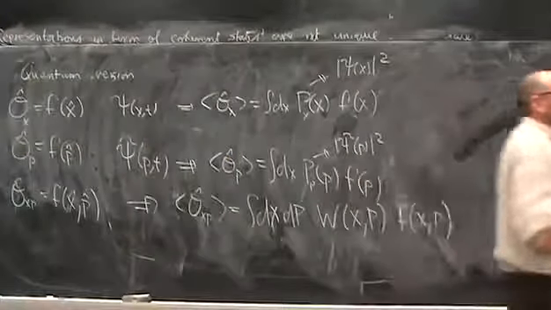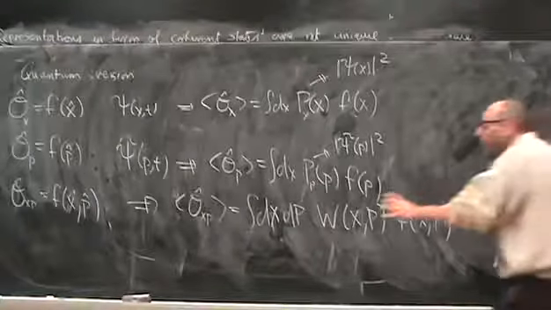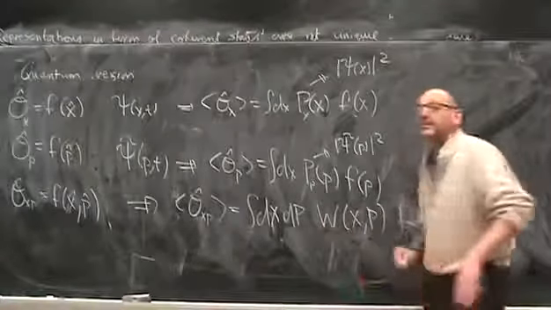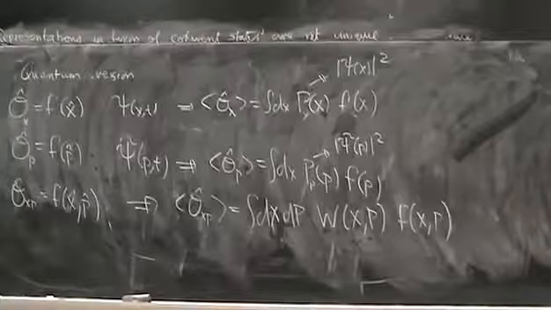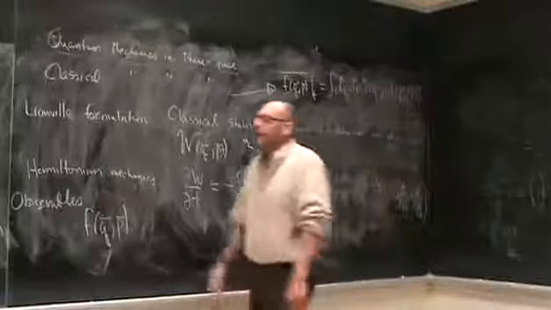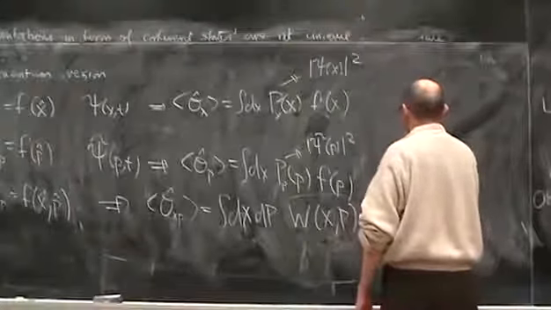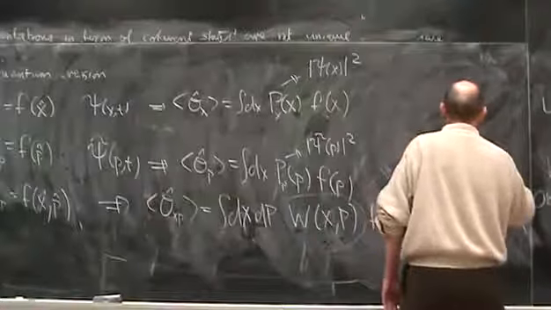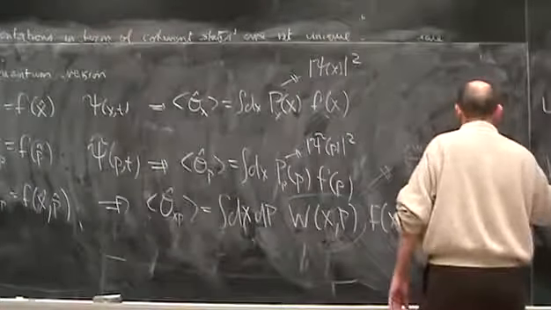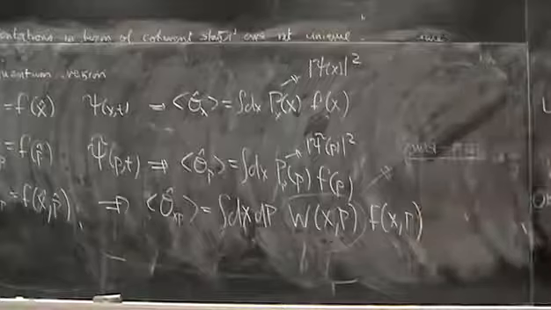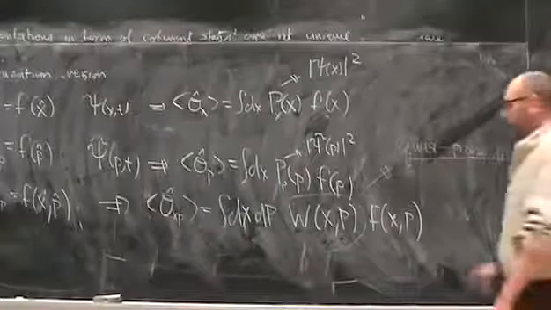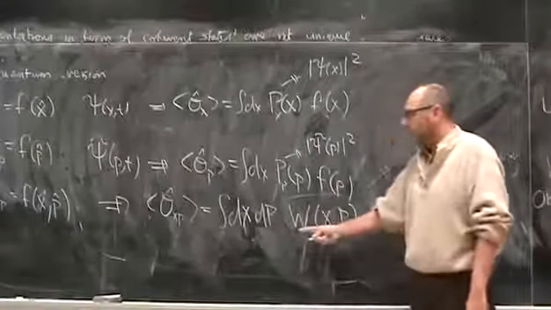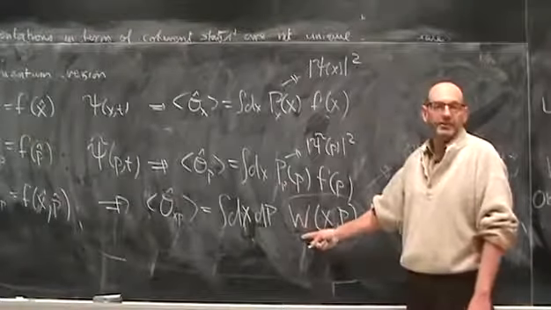The point is that this doesn't work, at least not always. But when it does, if W is a classical probability distribution, then it's equivalent to this. And what we can show is that we can do this if this is what's called a quasi-probability distribution. In other words, as we will show next lecture, we can always do this, but this function isn't necessarily a positive function.